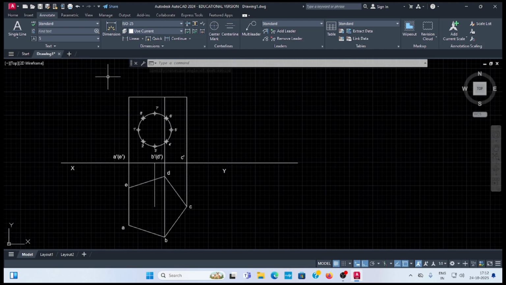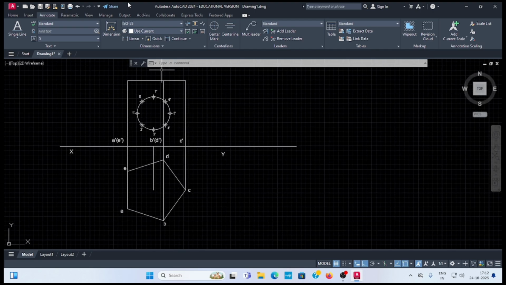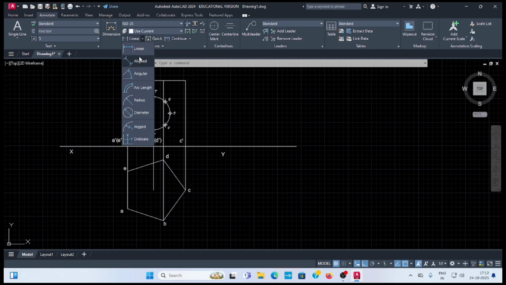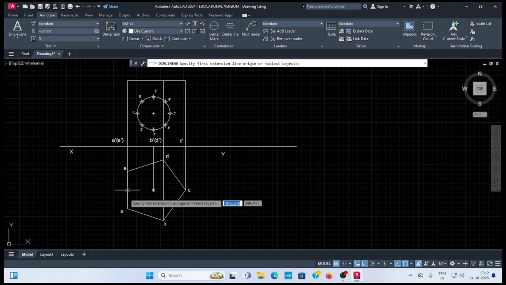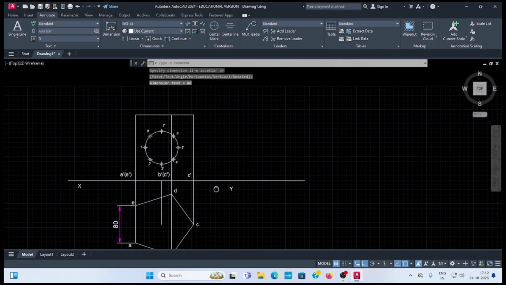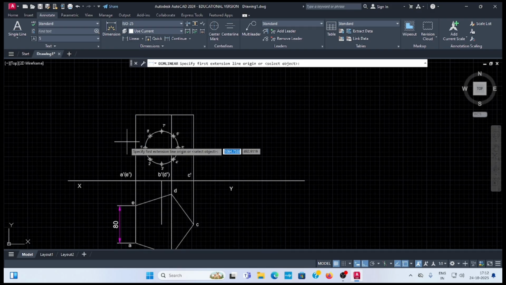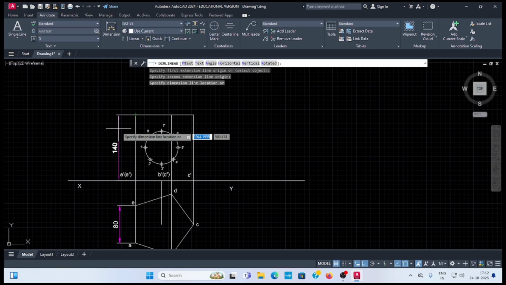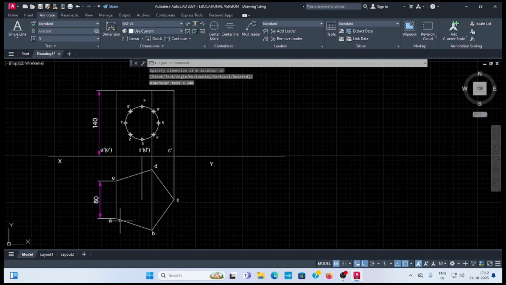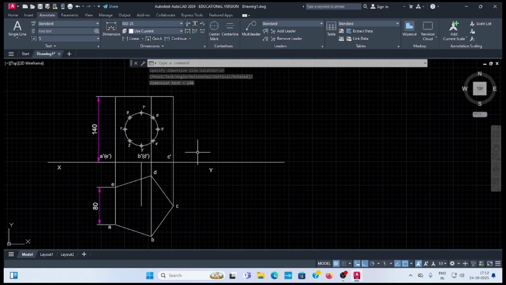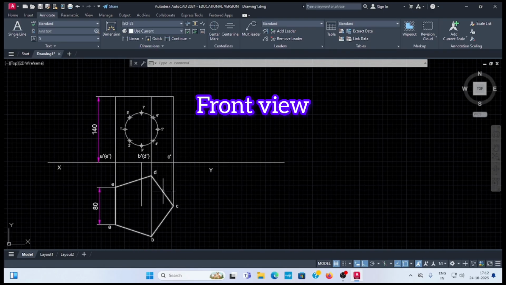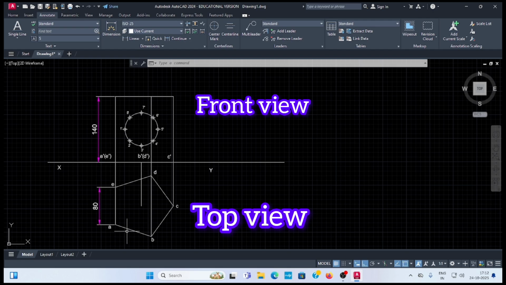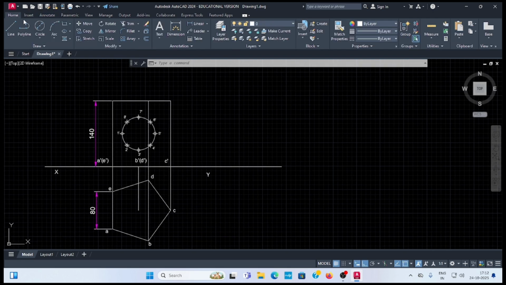Next, one edge length is A to E. This one edge length is as per the question 80 mm, and the height of the prism is 140 mm. Now we have to develop this. So 5 times this edge length you have to develop. So take the line command.